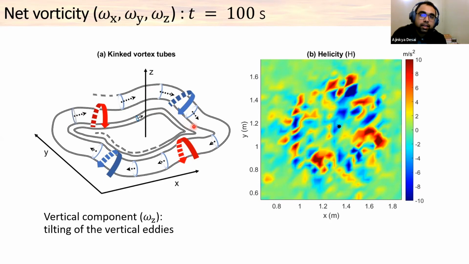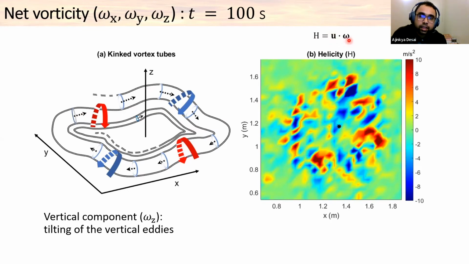Perhaps you see that better by looking at the helicity color contours. Helicity is a dot product, the inner product between the velocity and the vorticity. If you remember from that three-dimensional picture, the fire perimeter is made up of a region of updraft, so U pointing upward.